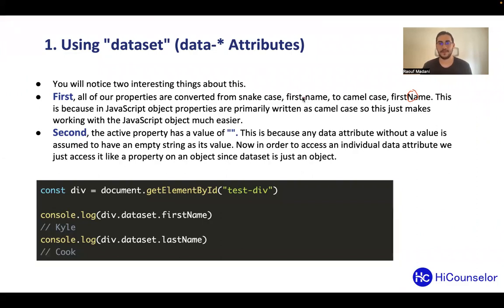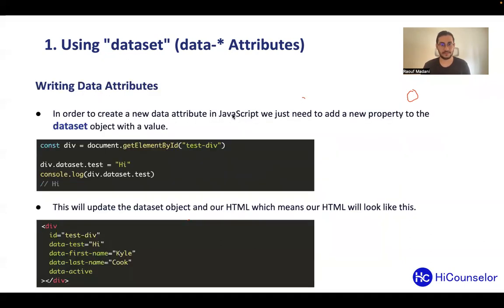So here we accessed the word Kylie using JavaScript: div, which is the object, dot dataset, which is the property of div, and then dot firstName, camel case in the second word.